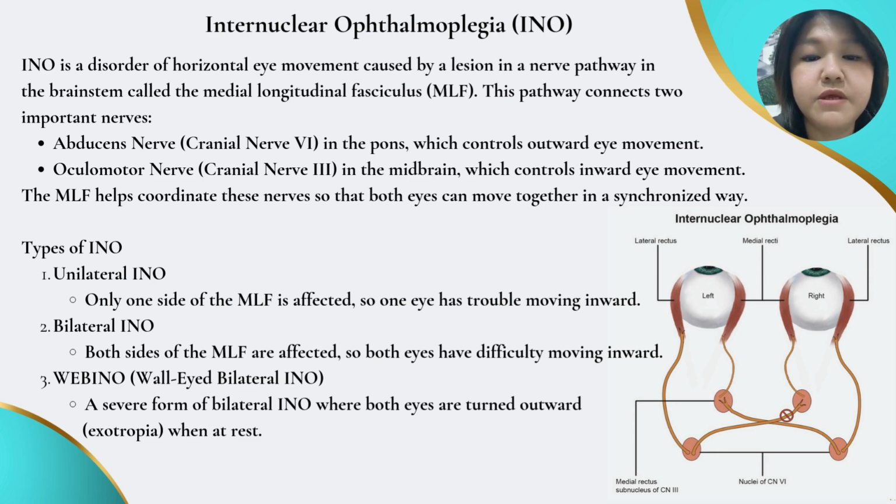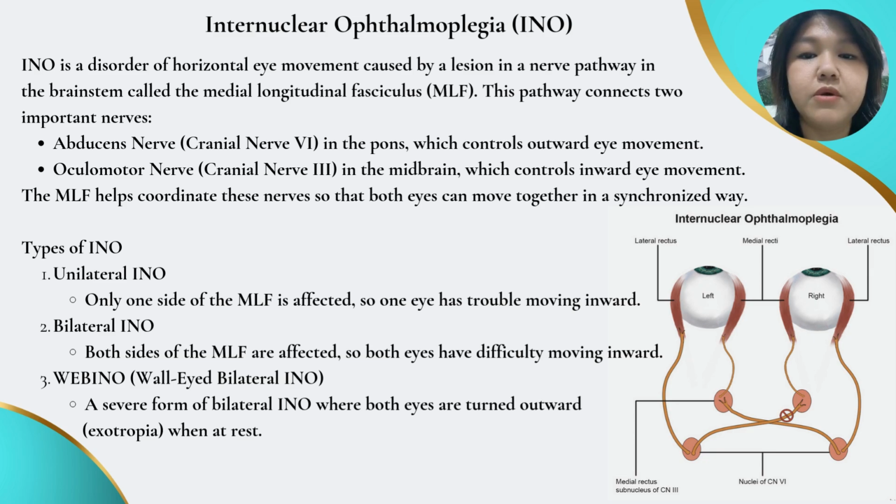There are three main types of INO. Unilateral INO. This is when only one side of the MLF is affected, causing one eye to have trouble moving inward. Bilateral INO. In this type, both sides of the MLF are affected, so both eyes have difficulty moving inward.